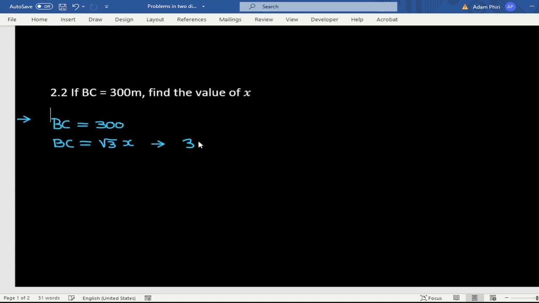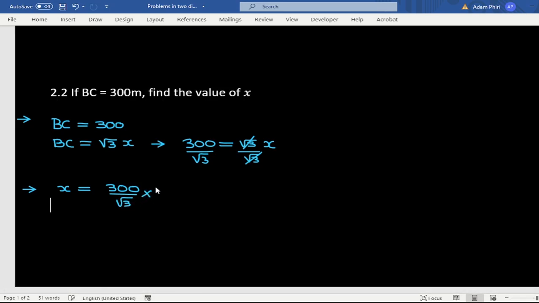So we have 300 is equals to root 3x. So solving for x, divide both sides by root 3, so the root 3 cancels out. So we have x is equals to 300 over root 3.